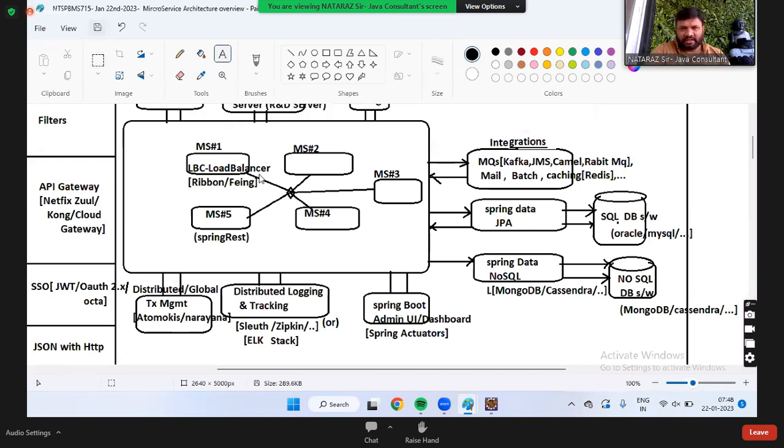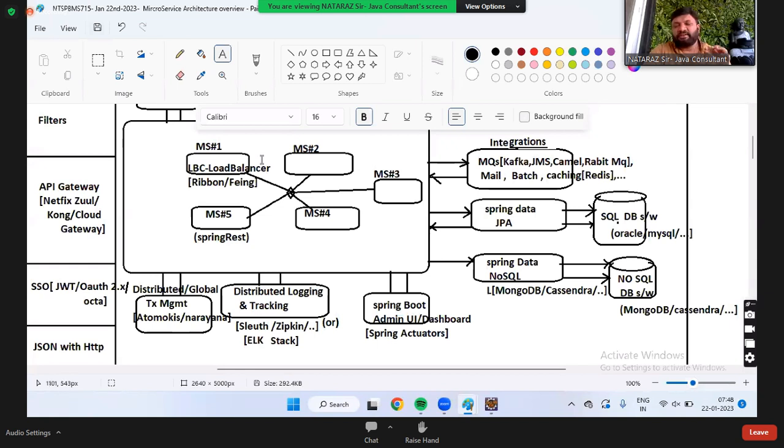For example, listen guys. For sale, a separate microservice is there. For inventory, a separate microservice is there. For payment, a separate microservice is there. I can say the transaction is finished smoothly when things happen in the sale, inventory, and payment modules perfectly and neatly.